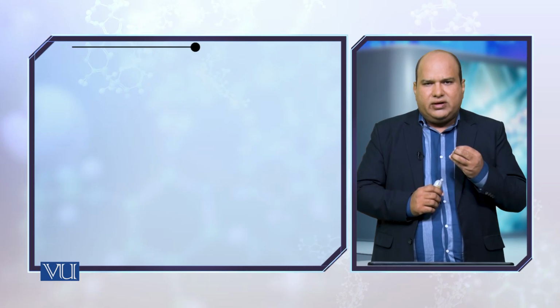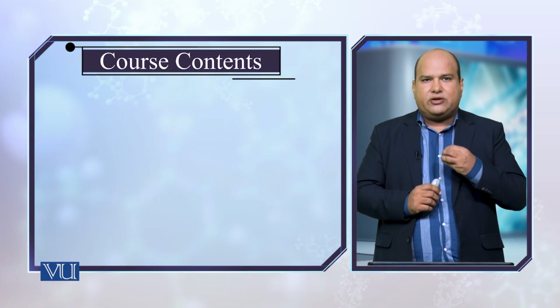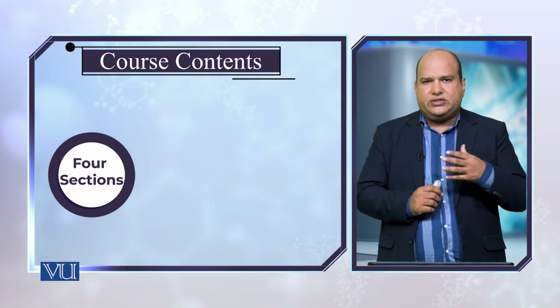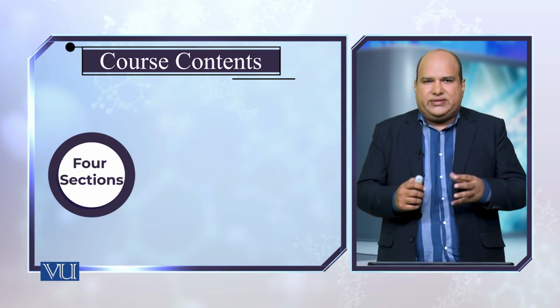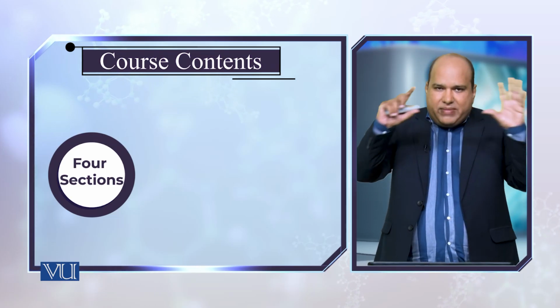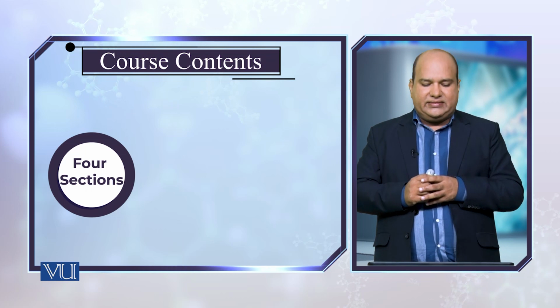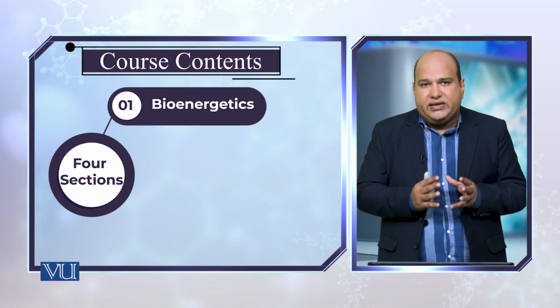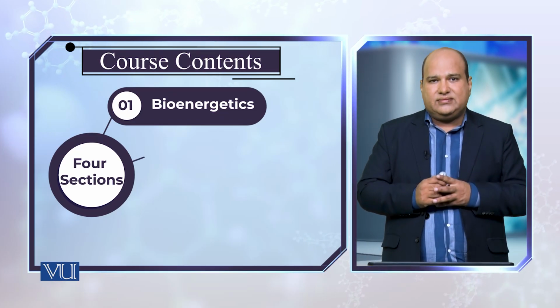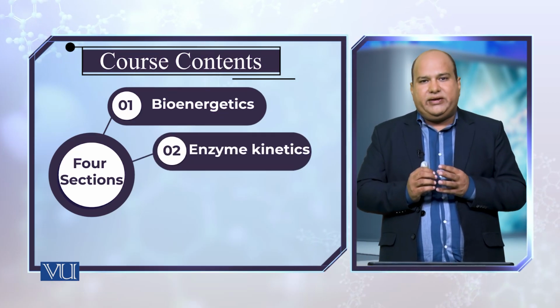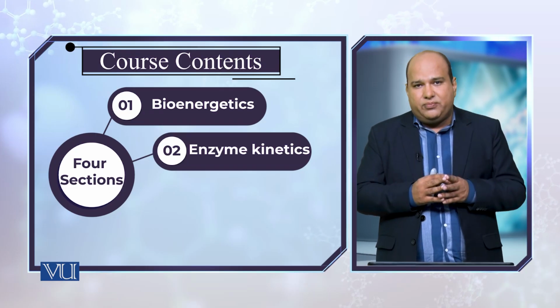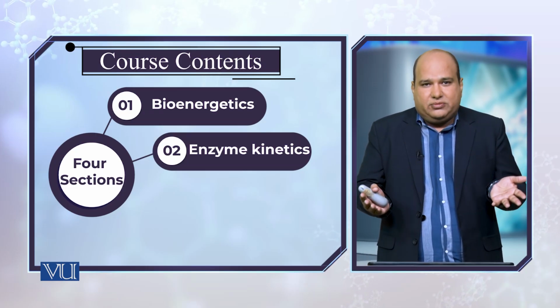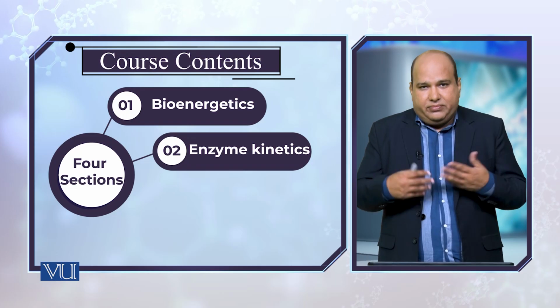Now let's talk a little bit about the course contents. What will be our major course contents, into how many major sections can we divide it? First of all, we will talk very deeply on bioenergetics. Then we will talk about the enzymes involved, because without enzymes there is no biochemistry, no chemical reaction taking place in the body.